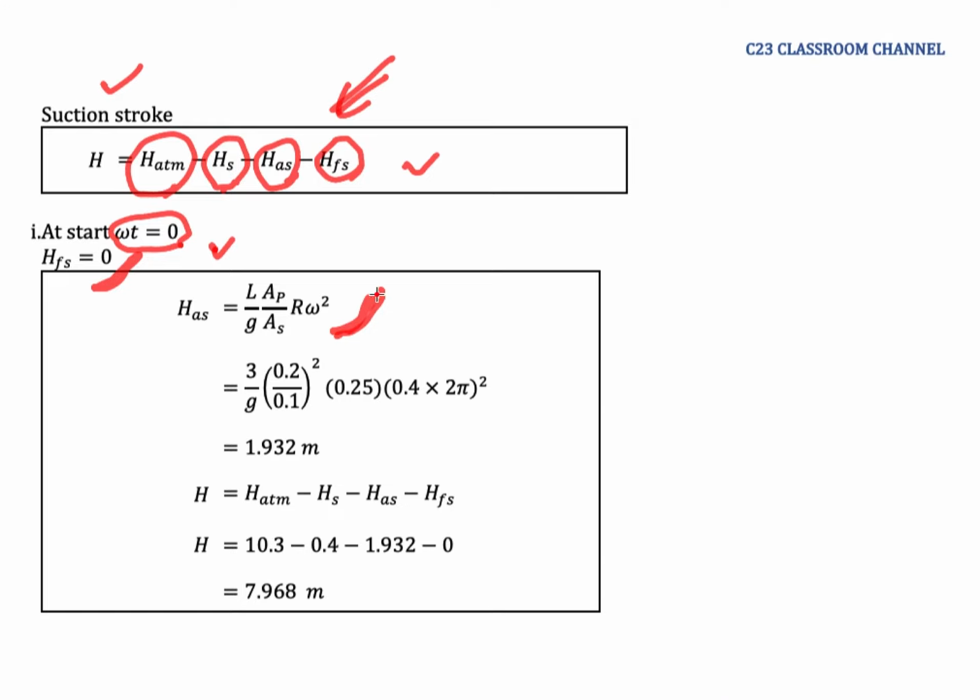So the equation will become like this. We substitute the values, and the acceleration head is 1.932 meter, and then the absolute pressure head at the beginning is equal to 7.968 meter.